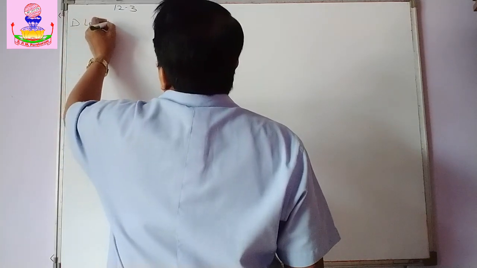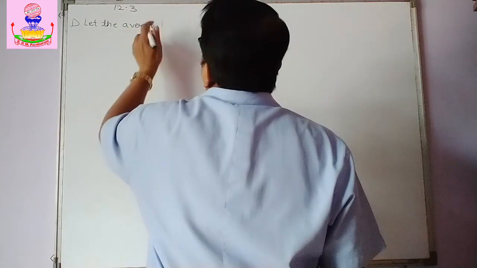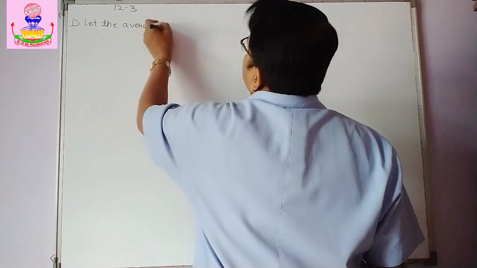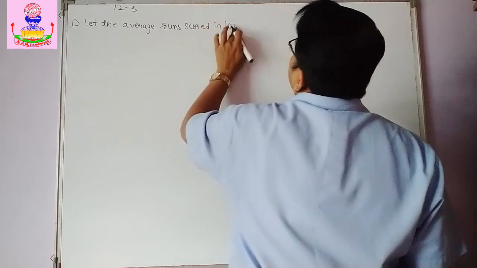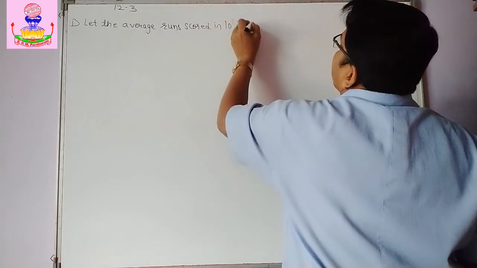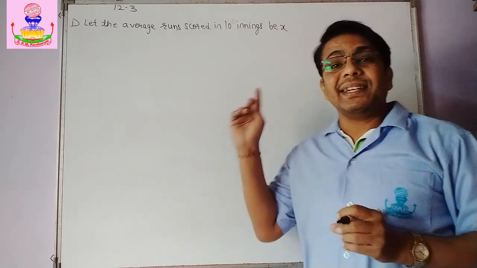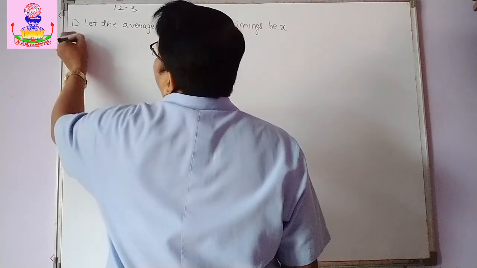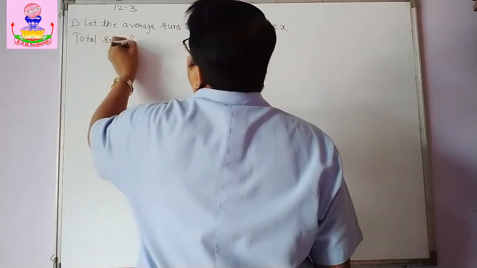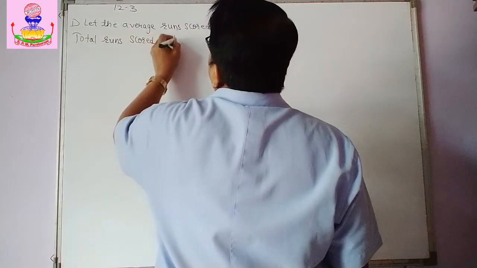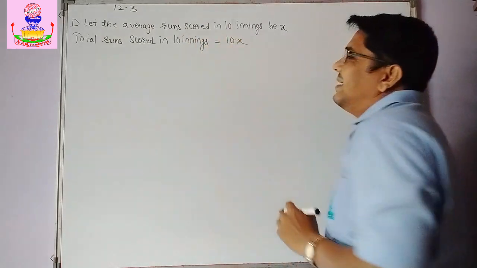Let the average runs scored in 10 innings be x. Okay, now can I get the total runs scored in 10 innings? Yes. I know the average, I know the total number of innings. So the total runs scored in 10 innings, what will it be? Yes, 10x. Right?